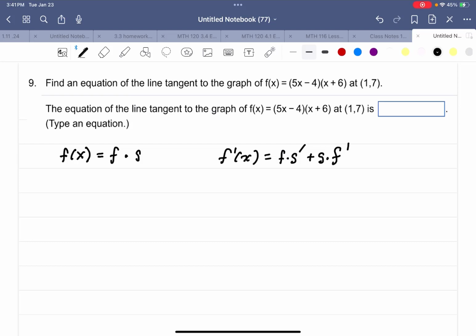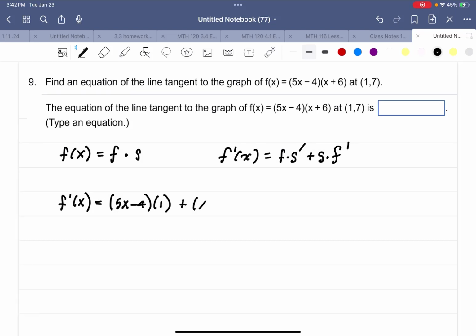So f prime of x is the first, 5x minus 4, times the derivative of the second is 1, plus the second, x plus 6, times the derivative of the first, 5. So I'm calling this the first, this is second. So f prime is 5 and s prime is 1. So first times derivative of the second plus second times derivative of the first.